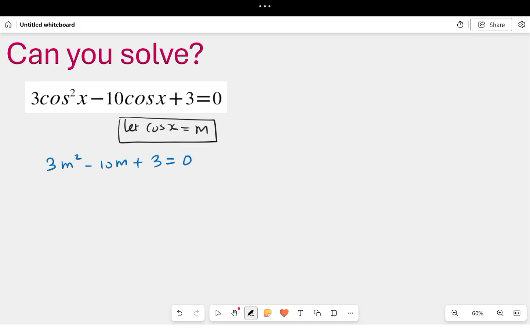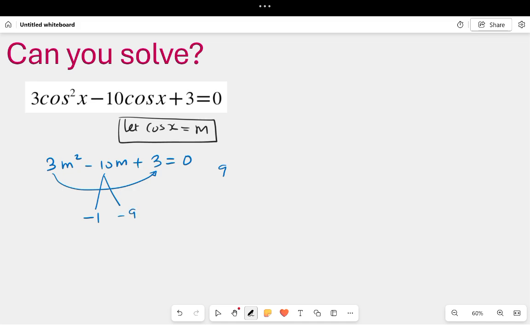Now, 3 multiplied by this 3 over here is going to be equal to 9. Now we need to figure out two numbers. When we add, we are going to get negative 10, but when we multiply, we are going to get positive 9. So the numbers are negative 1 and negative 9.